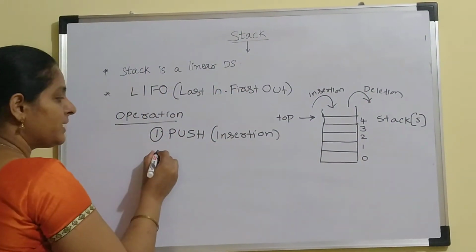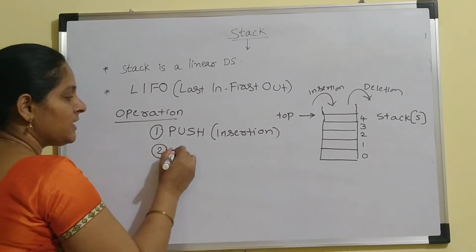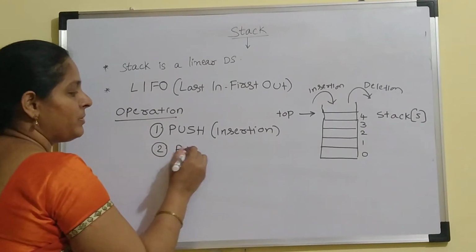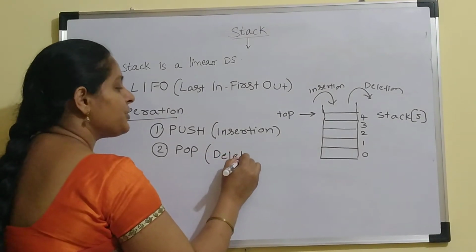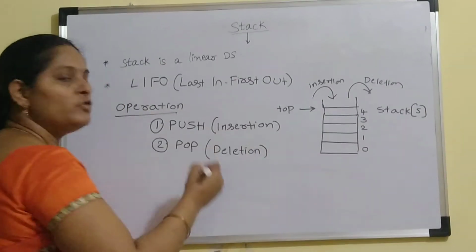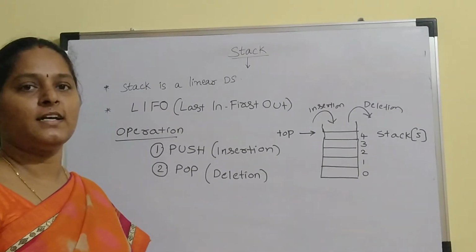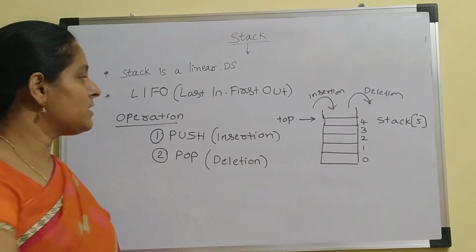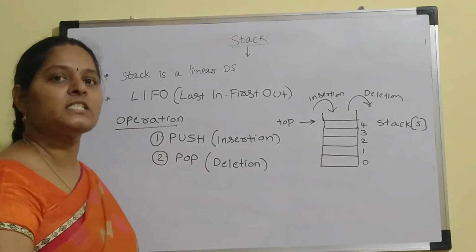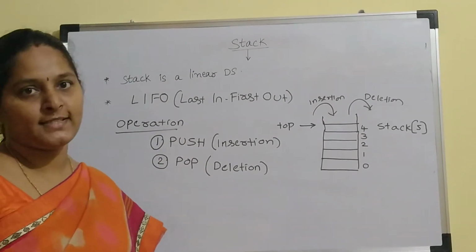Now the second operation that we can perform on the stack data structure is the pop operation. This pop operation is also called the deletion operation. So removing the data elements from the stack is called the pop operation. These are the two main important operations that we can perform on stacks.